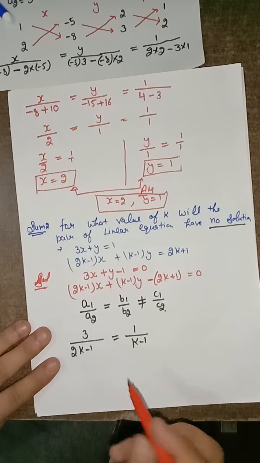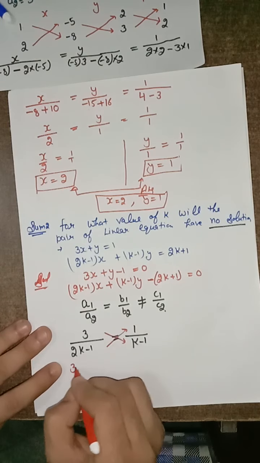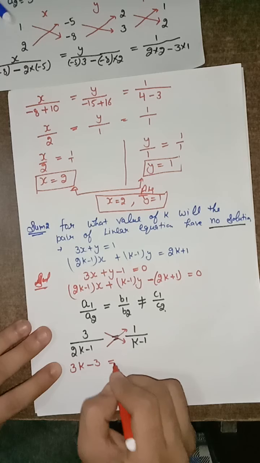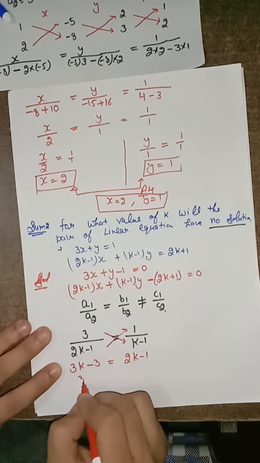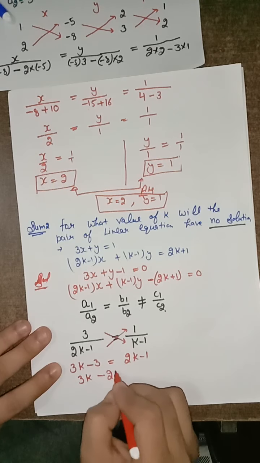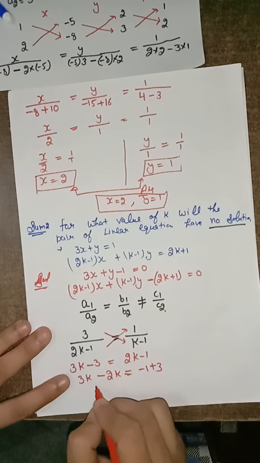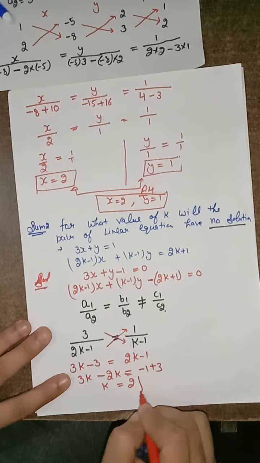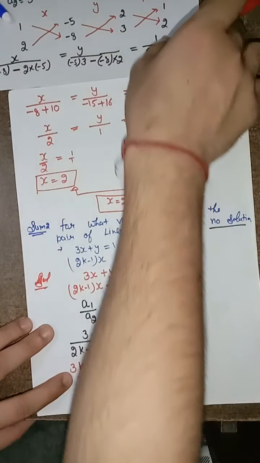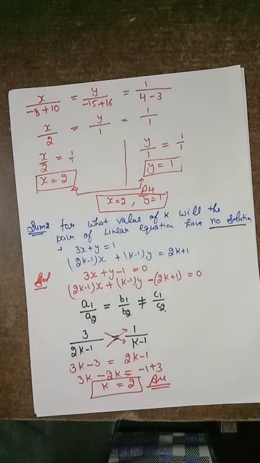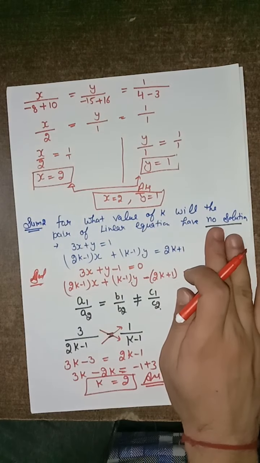To solve, cross multiply. This becomes 3k minus 3 equals 2k minus 1, so 3k minus 2k equals minus 1 plus 3, and k becomes 2. This is our answer.